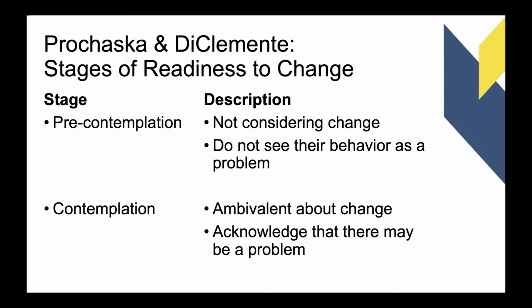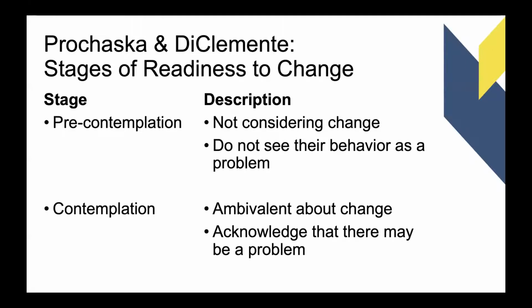Although it is not a perfect circle, it can also be viewed as a spiral of change. Looking at the stages of change, we'll begin with pre-contemplation. This is a person who is probably not even considering change and does not see their behavior as a problem.